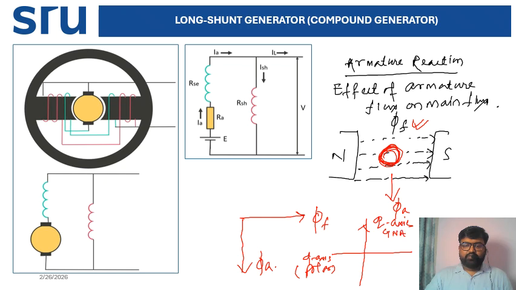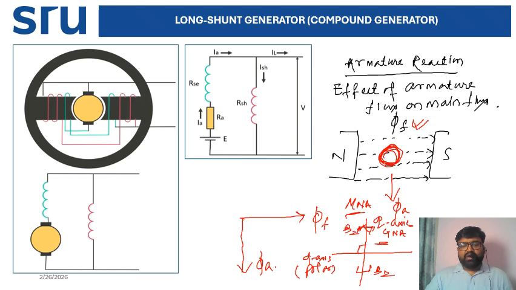Both are perpendicular to each other. There is also the magnetic neutral axis, MNA, which always lies on the same plane as the Q axis.